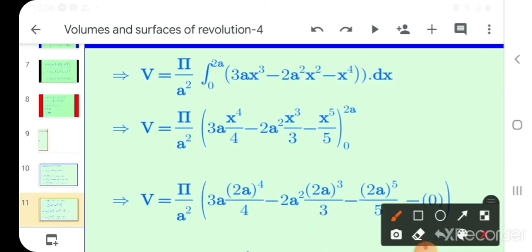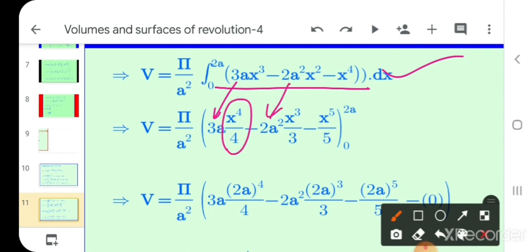Same equation. Now I integrate. 3a is the constant, and the integration of x cube is x power 4 by 4. Next 2a square is the constant, the integration of x square is x cube by 3, and the integration of x power 4 is x power 5 by 5. The limits are 0 to 2a.